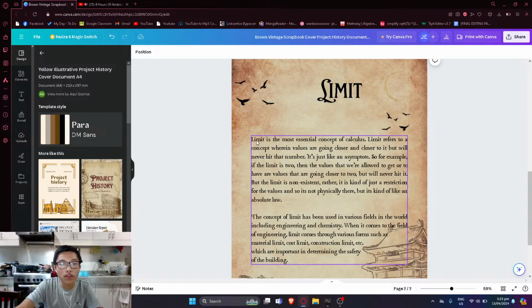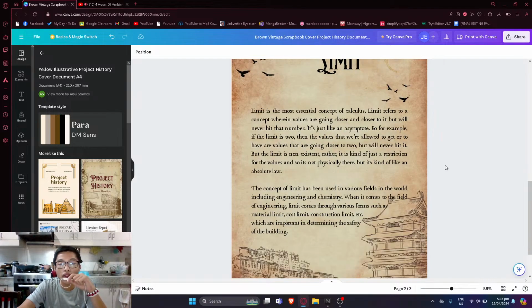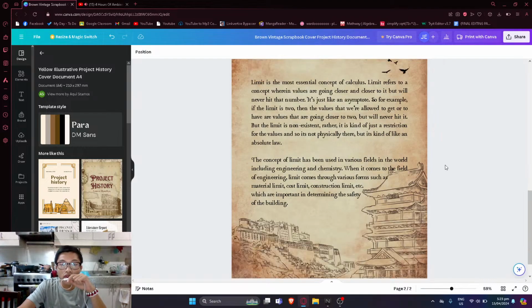Limit is the most essential concept of calculus. It refers to a concept wherein values are going closer and closer to it but will never hit that number. It's just like an asymptote. So for example, if the limit is 2, then the values that we're allowed to get or to have are the values that are going closer to 2 but will never hit it. The limit is non-existent.